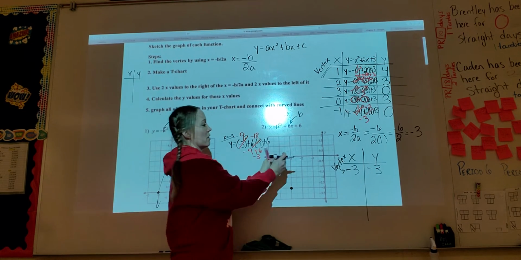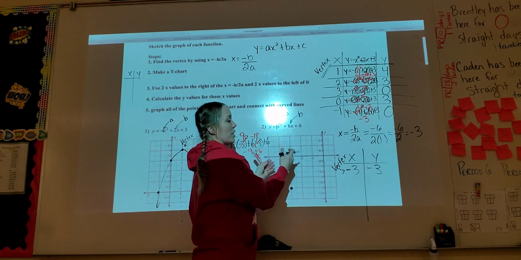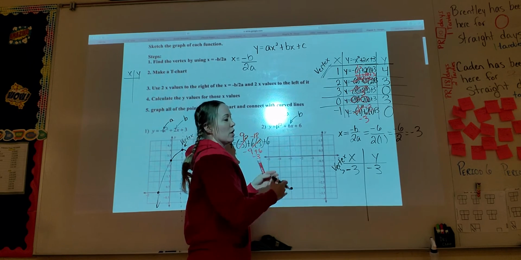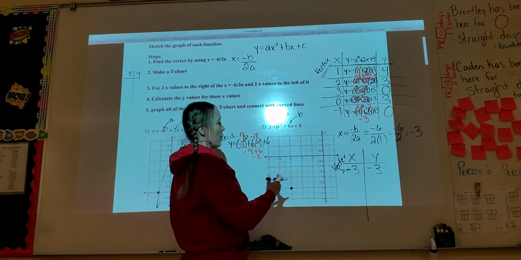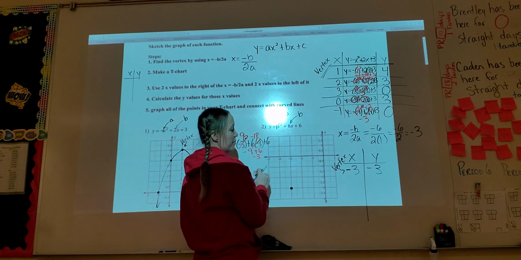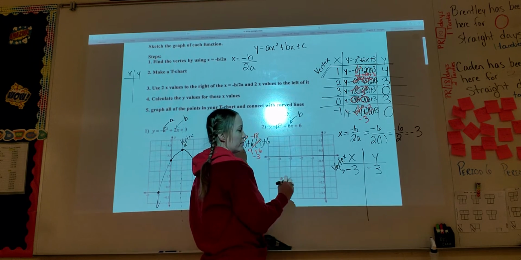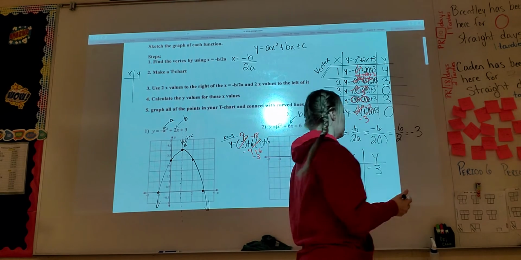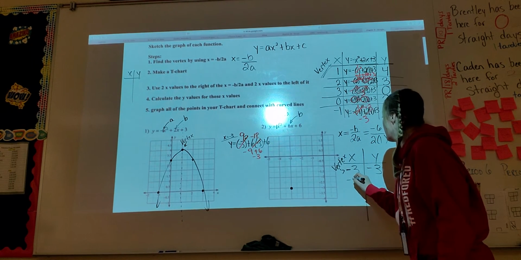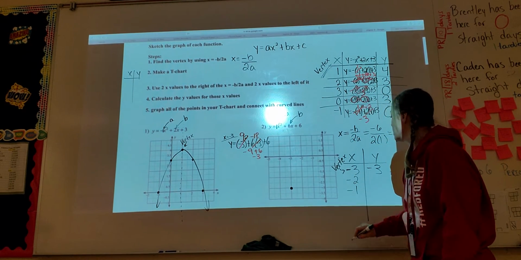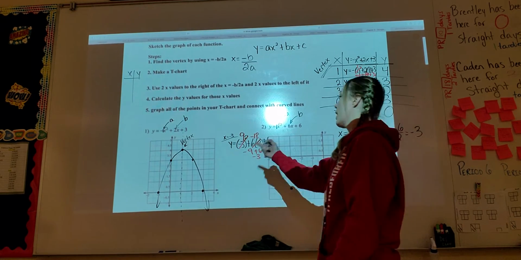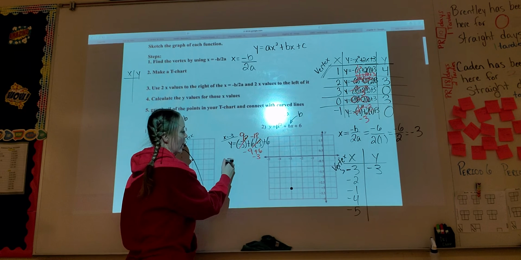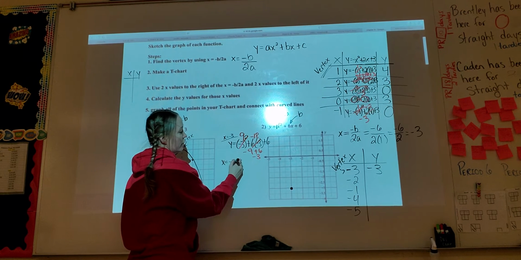Now I have to decide 2 x values that way and 2 x values this way. Again, I try to make it the same distance away so that it ends up being symmetric. So I'm going to do -2 and -1, and then -4 and -5. Again, I'm going to have to show my work somewhere. So x is equal to -2.